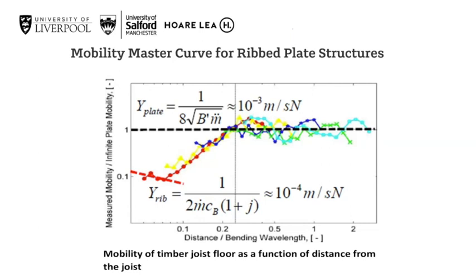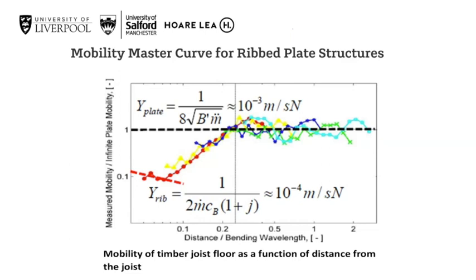Okay, and you can see for most of the constructions, when you normalize the measured mobility to the infinite plate mobility, you get this 10⁻³ meter per second Newton general characteristic mobility.